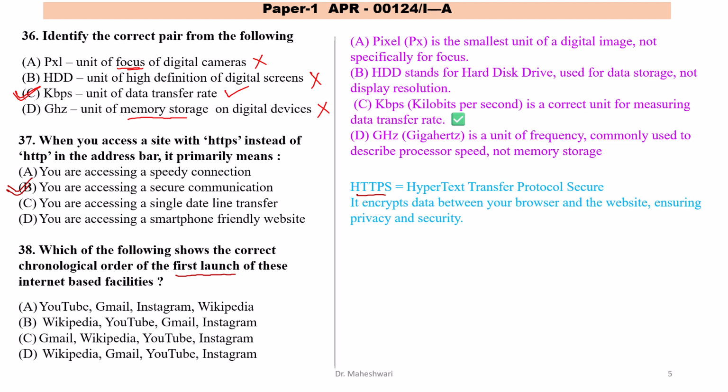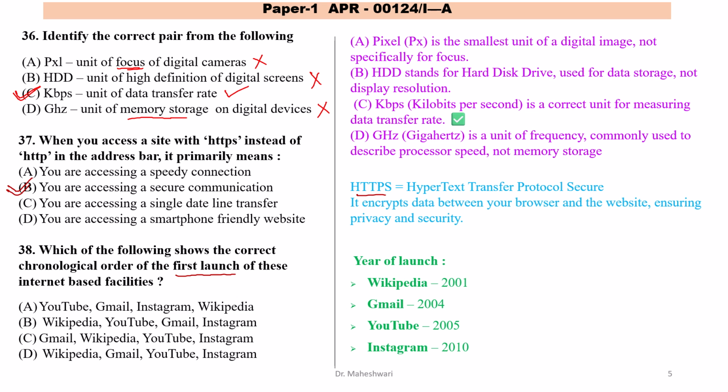If you go through the options, you will find the years of launching: Wikipedia was launched in 2001, then Gmail in 2004, then YouTube in 2005, and then Instagram in 2010.